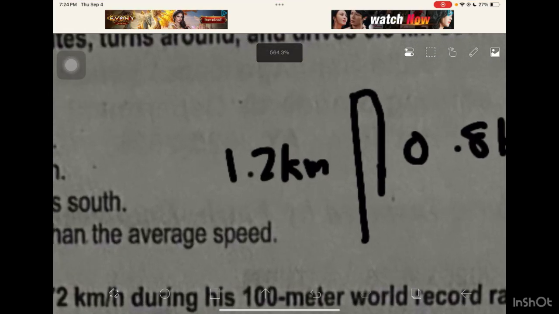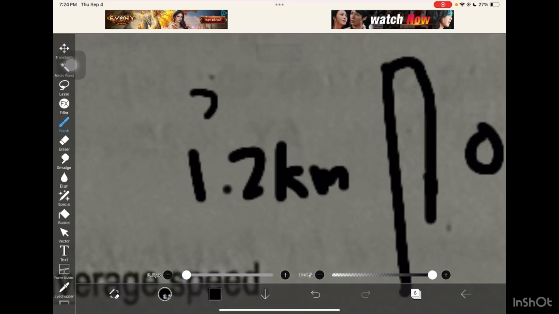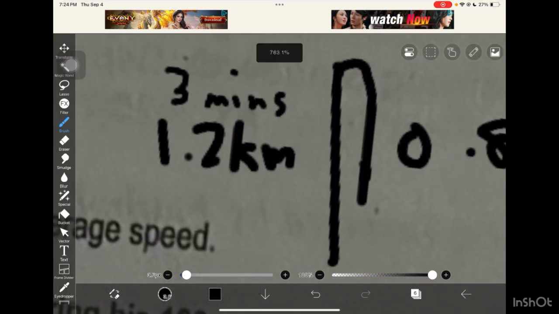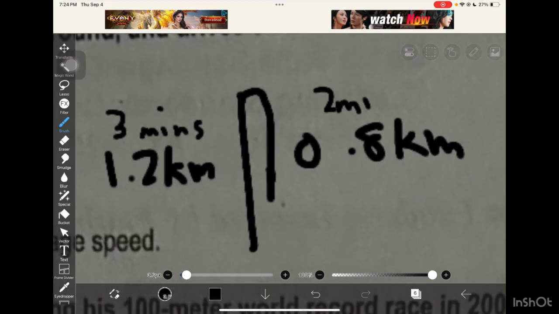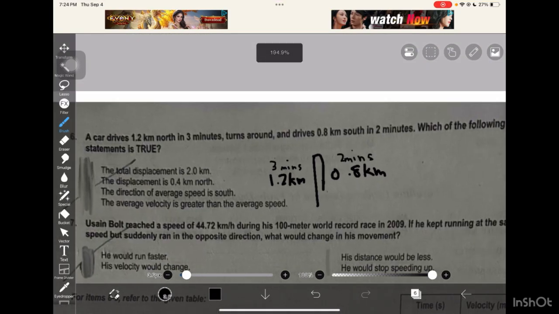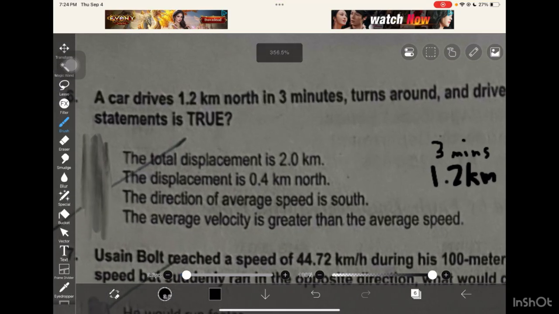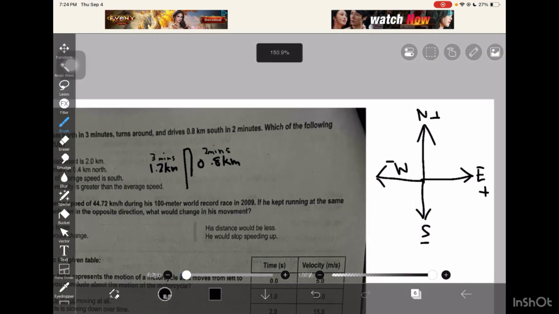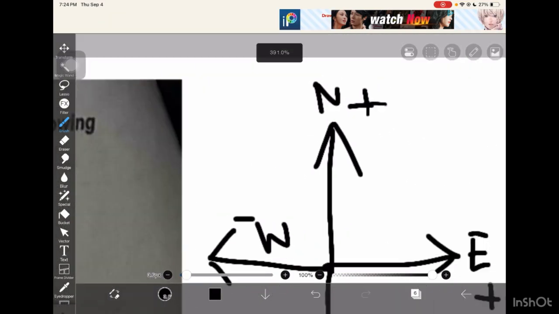So this one is 3 minutes, and this one is 2 minutes. Which of the following statements is true? So first, the total displacement is 2.0 kilometers. Let's consider our sign chart here.